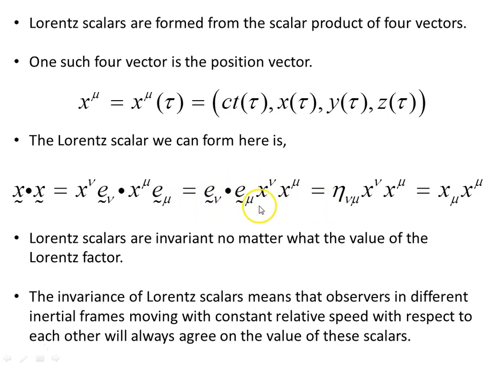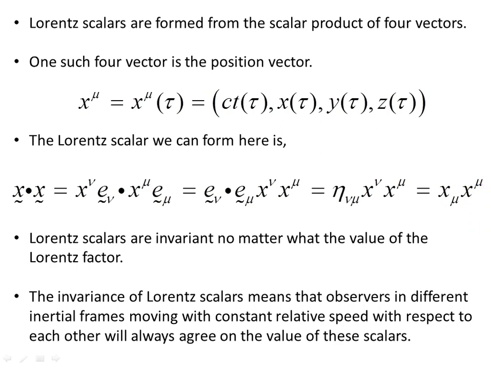These basis vectors give us eta mu nu, the metric for flat space, the Minkowski metric, times the components, and we use the Minkowski metric to lower this index. So we have one index down, one index up, and when we sum that out, we get a scalar expression.